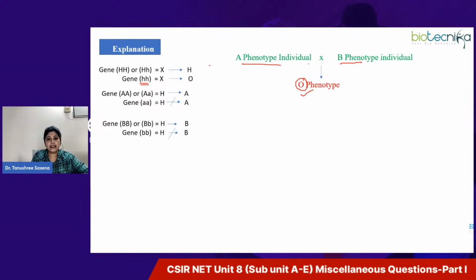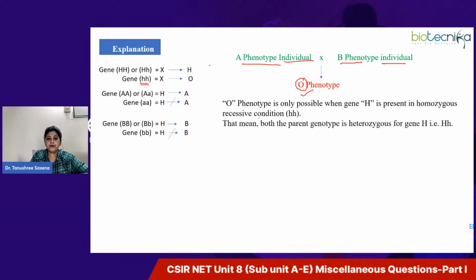So O phenotype is only possible when gene H is present in homozygous recessive condition. This is only possible when both the parents are contributing a recessive allele, at least one recessive each.